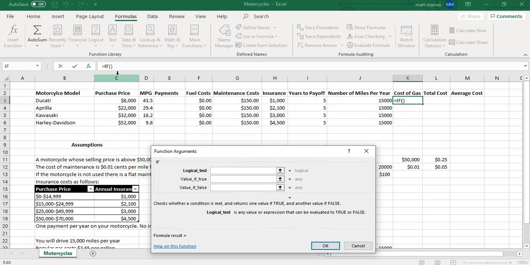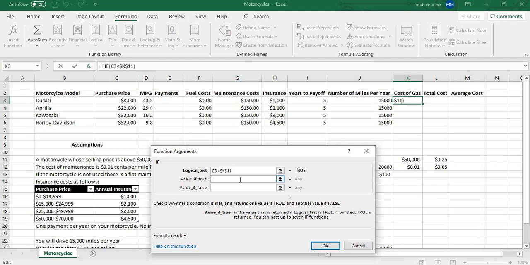So we want to determine whether or not our purchase price is less than $50,000. But again, we want this to be an absolute cell reference. So if we change that assumption later on, it doesn't matter that it's changed because we are absolutely referencing that cell, which helps us complete our task.